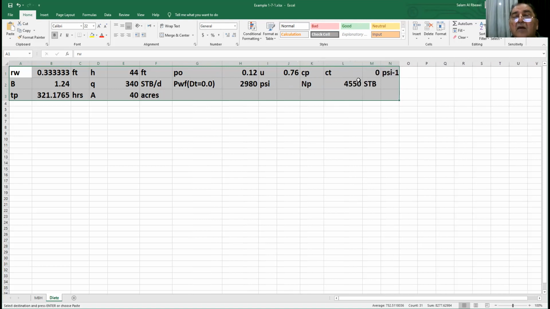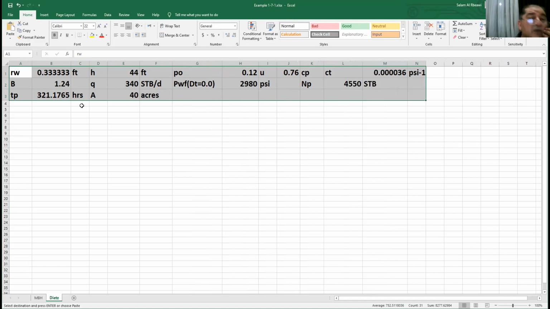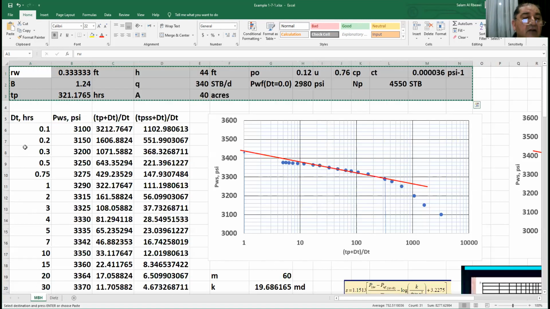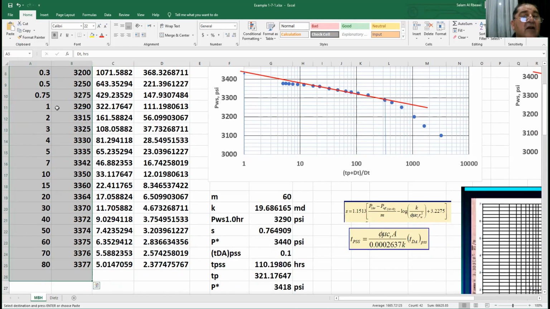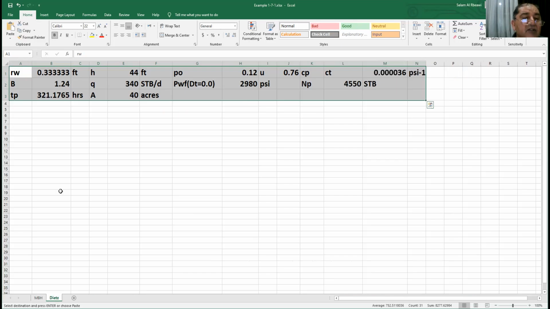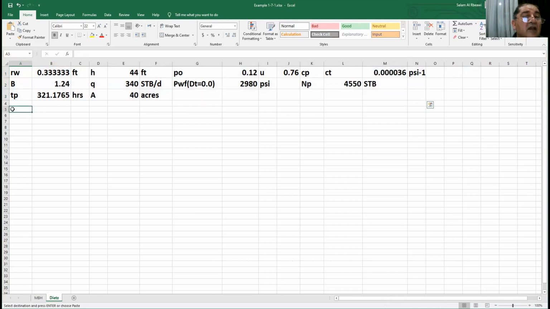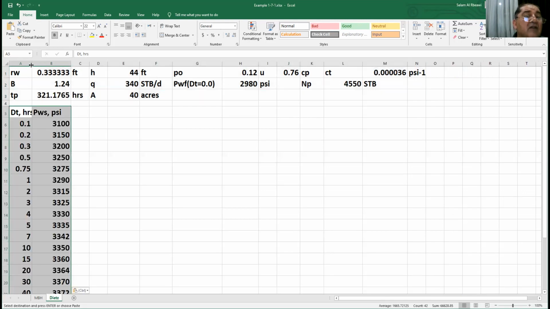So this is what we have, and I'm going to copy the pressure data taken from this sheet and put it here. Okay, so this is what we have, guys.